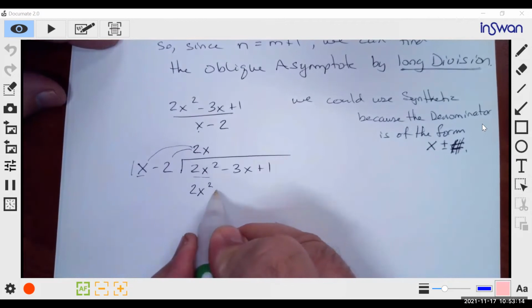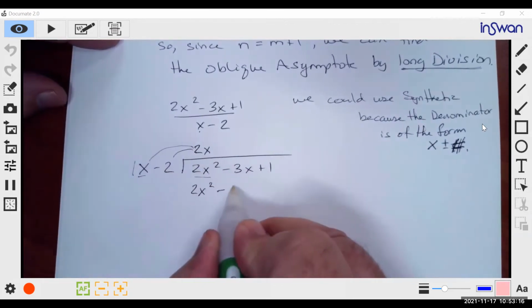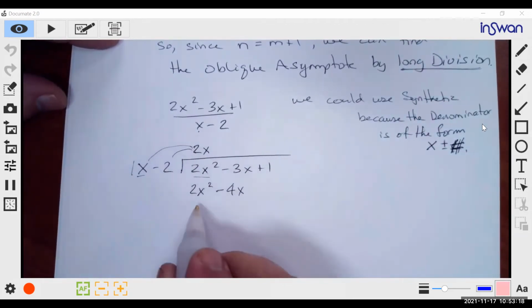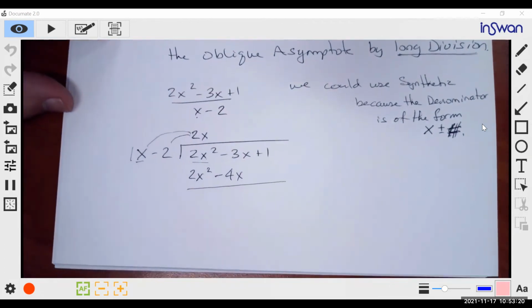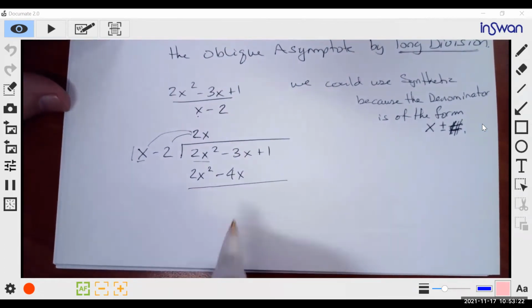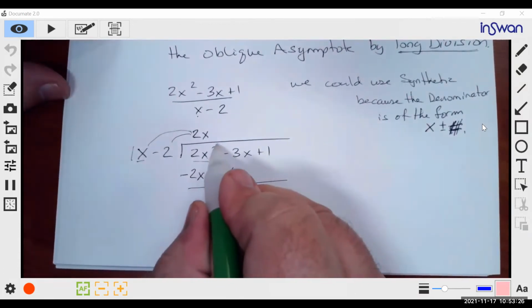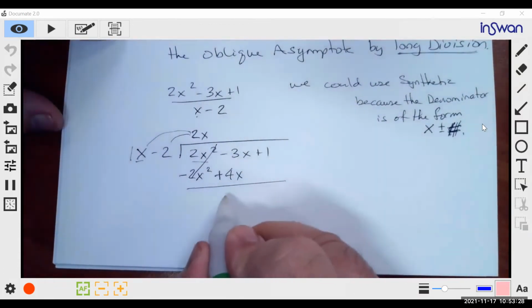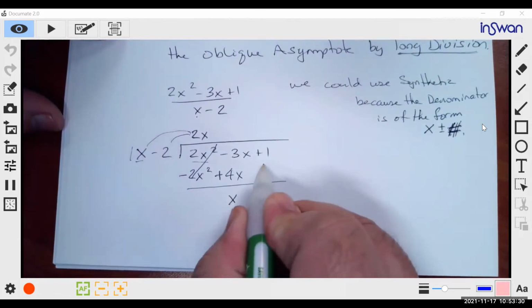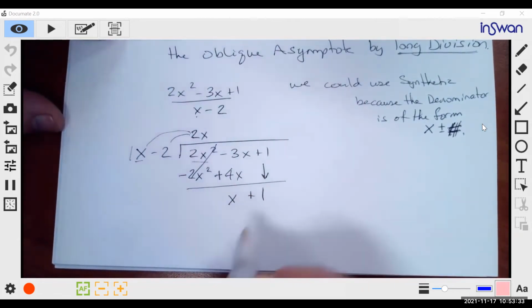Positive times negative is a negative. 2 times 2 is 4x. Change the signs and add. The leading term cancels. 4 minus 3 is x. Bring down the 1.